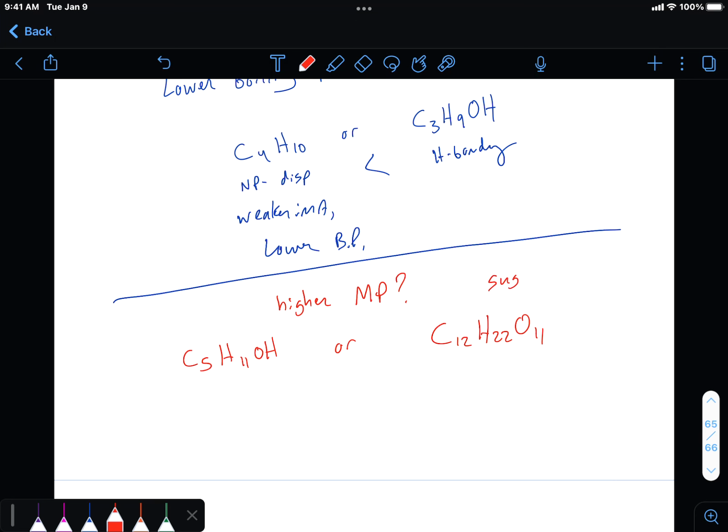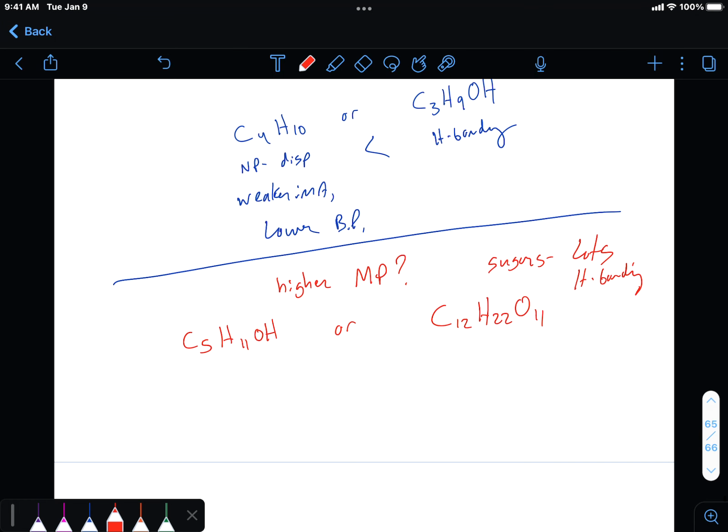And the thing about sugars is they have lots of hydrogen bonding. All right, what state of matter is table sugar? Solids. C5H11OH we didn't use in the lab, but if we did, it would have behaved just like butanol. It's a liquid, right? So sugars have the higher melting point.